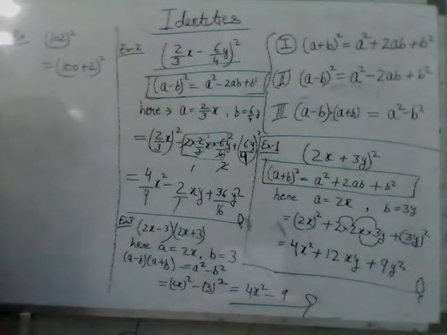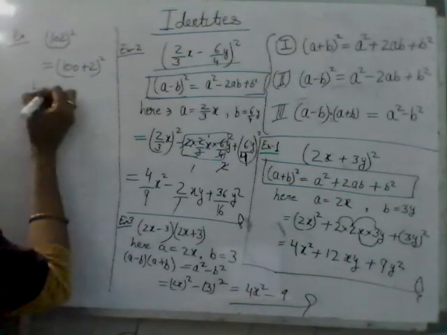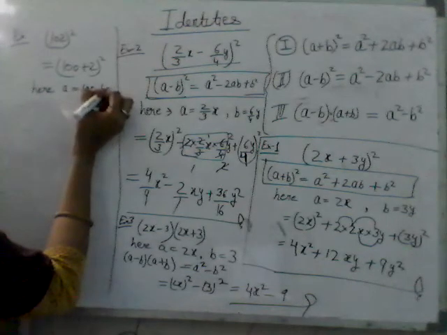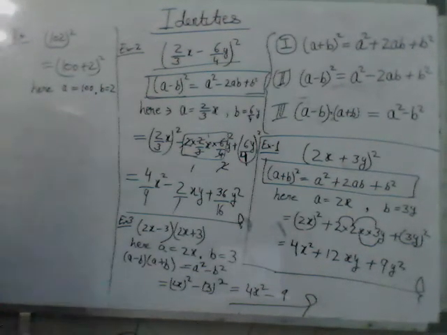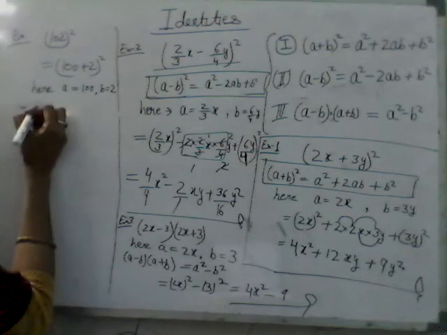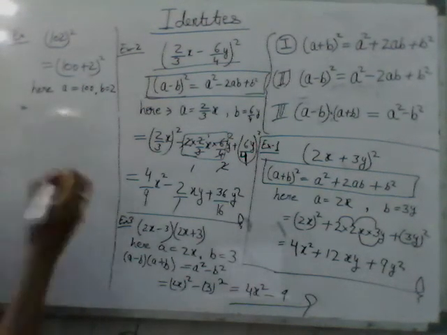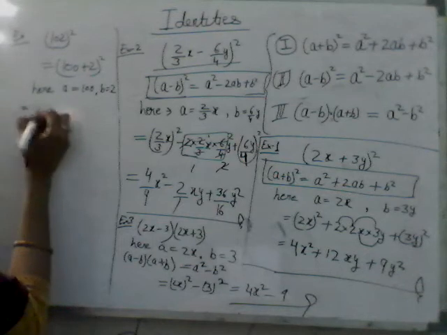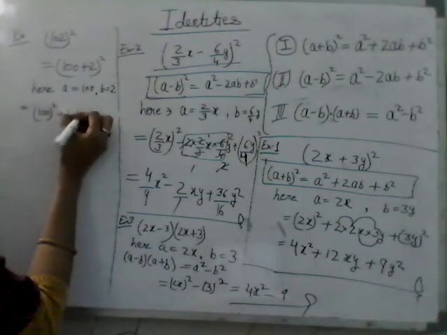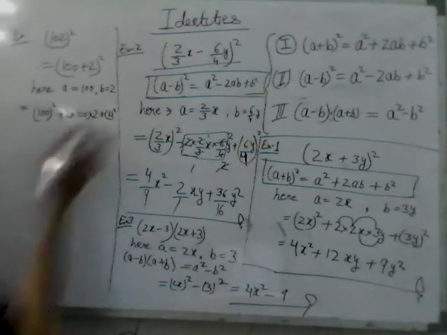This is in the form of the first identity. Here a equals 100 and b equals 2. Put the values in the first identity, a square plus 2ab plus b square. So 100 whole square plus 2 multiplied by 100 multiplied by 2, plus 2 whole square.